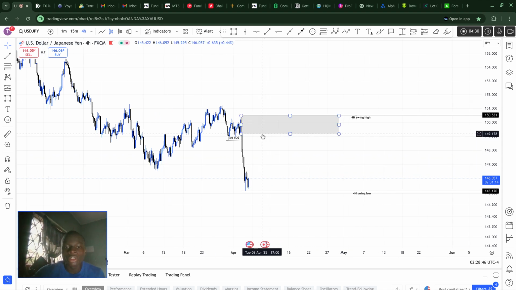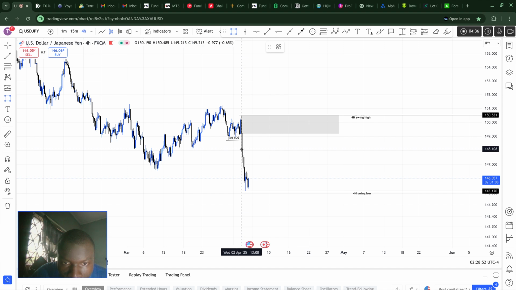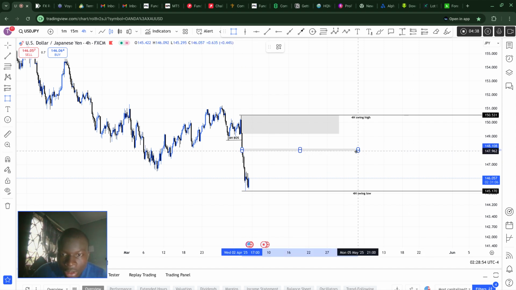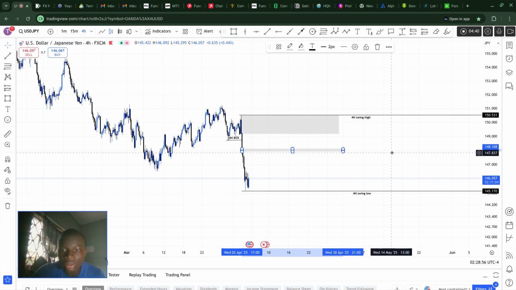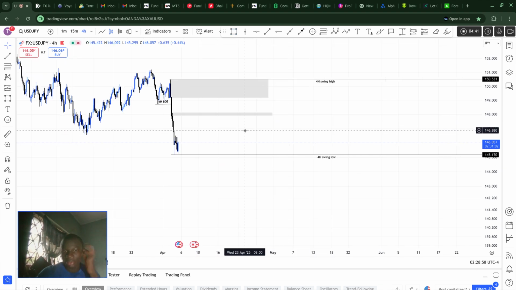These are points of interest in my pullback. I can also put another point of interest here, probably a supply and demand zone.